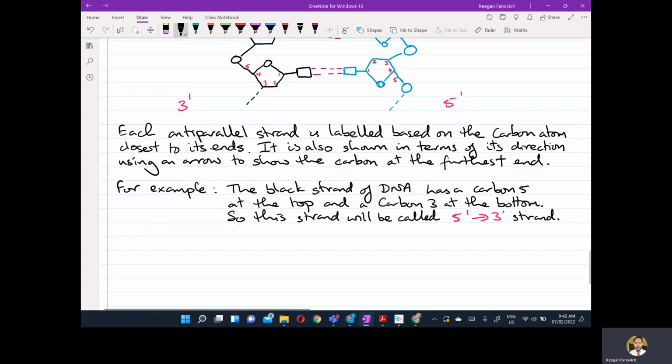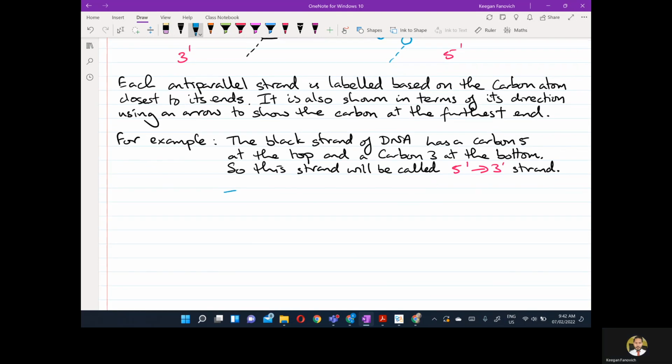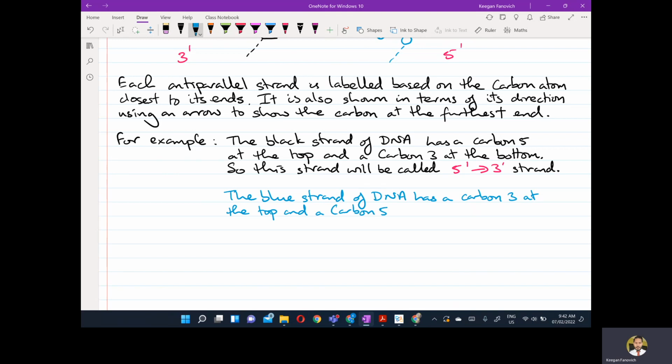So then that would mean that the blue strand of DNA has a carbon 3 at the top and a carbon 5 at the bottom.